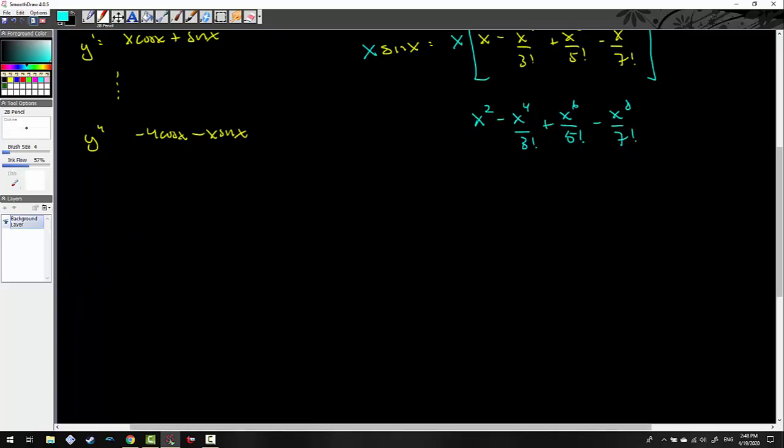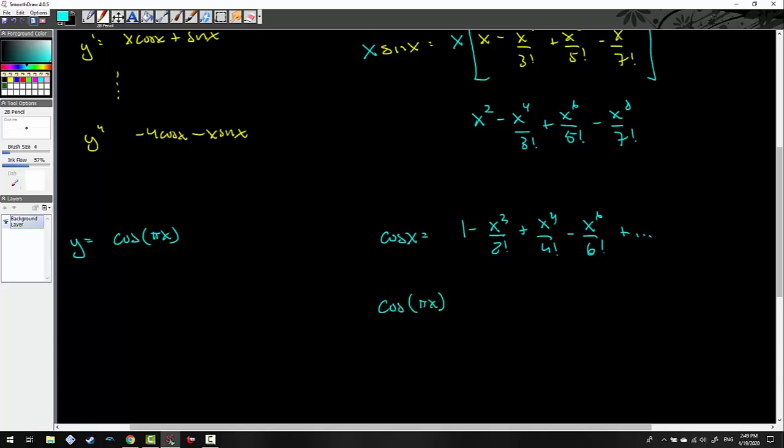Similarly, if I was to give you something like y equals cosine of pi x and ask you to write the power series for that, you would then just have to say, okay, I acknowledge that cosine is going to be 1 minus x squared over 2 factorial plus x to the 4th over 4 factorial minus x to the 6th over 6 factorial plus ..., which would then make cos of pi x, giving us all of our x values in here being replaced by pi x instead.